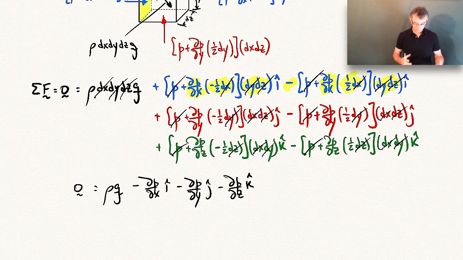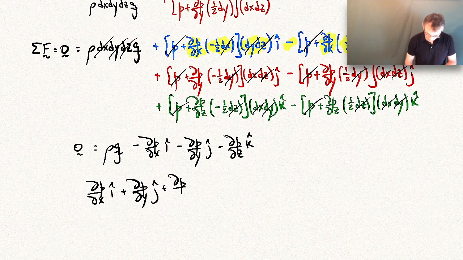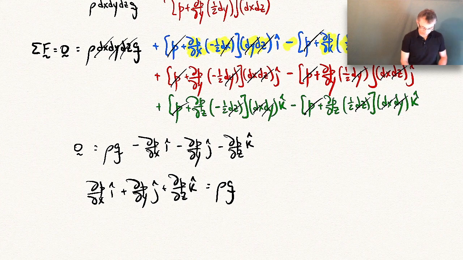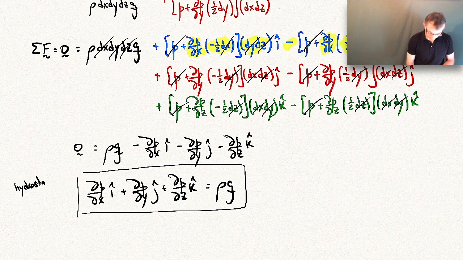And then we can write it one last, well actually the second to the last way that we'll write it. So we'll just bring the dp dx term and dp dy term and the dp dz term to the one side. And then the specific weight term to the other side. So that equation is the hydrostatic pressure distribution in Cartesian coordinates.